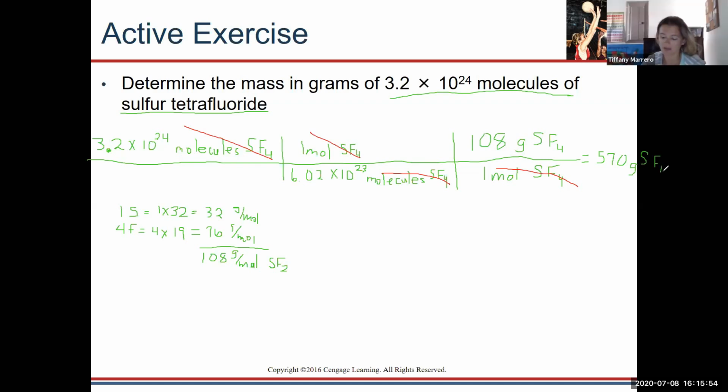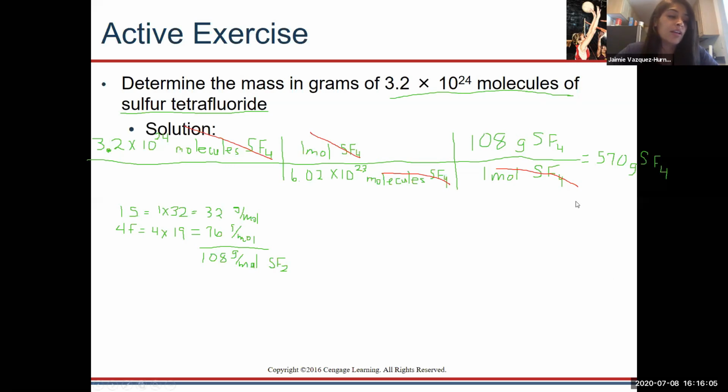I got 5.74. But last night you said, Dr. Henry, that it would be 5.70 because we only have 2 sig figs, right? Is that true? Yeah, because we have the 3.2. So then I need to put my 0 as my placeholder, right? So it should be 570. Okay.